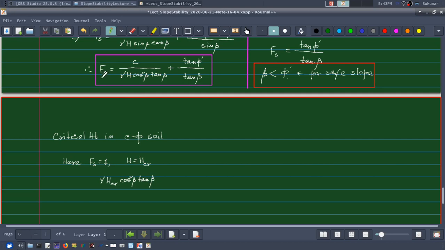See, this is 1, so this C divided by this, plus tan phi dashed by tan beta is 1.